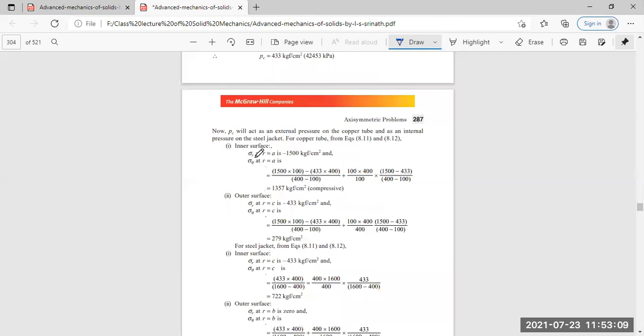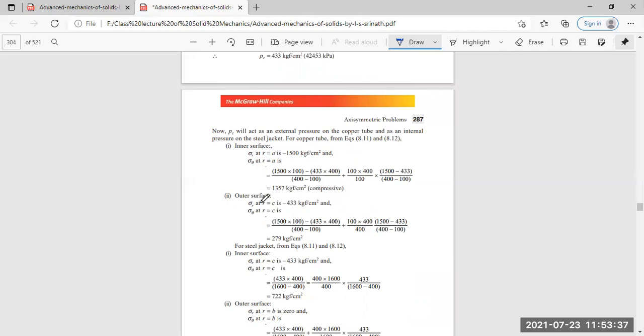Sigma R at the inner surface, radial stress at R equal to A, is equal to 1500 given, minus 1500 because it is compressive in nature. Sigma theta is the circumferential stress at R equal to A, also given by this equation. So here we are calculating this and getting 1357 kg per cm square compressive.